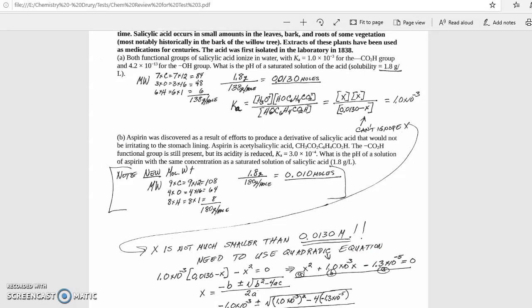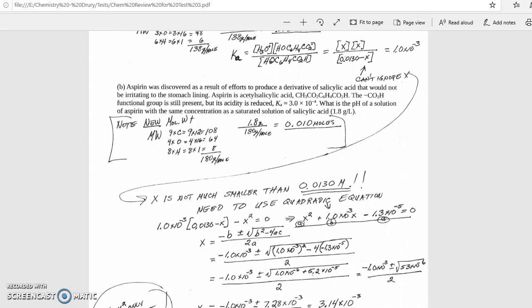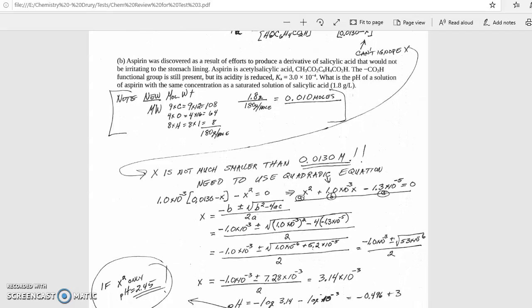So when you solve that quadratic equation, you end up with 3.14 times 10 to the minus third. And so that means that this would have been right in this place right here, right? So that's definitely going to interact with that. Okay? So you cannot just ignore that.